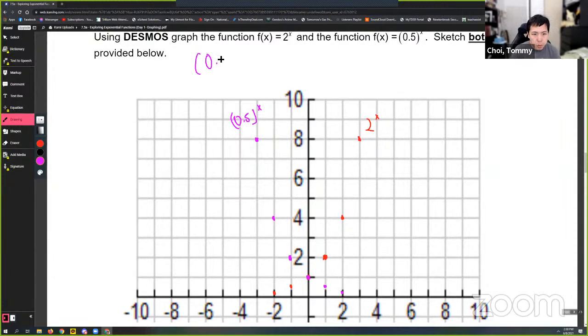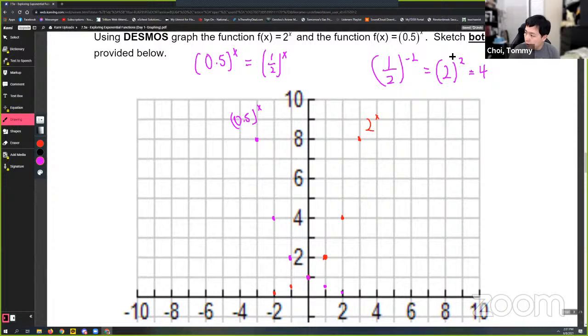So if we say 0.5 to the power of x is equal to 1/2 to the power of x, what happens if we had 1/2 to the power of -2, for example? Well, what does the negative do? It flips the fraction. So 1/2 becomes 2 to the power of 2, 2 over 1. That equals 4.